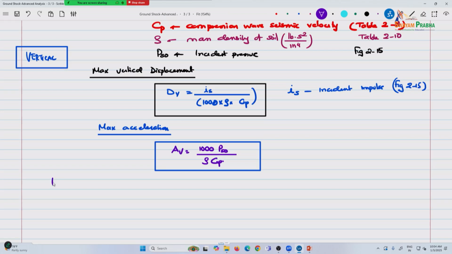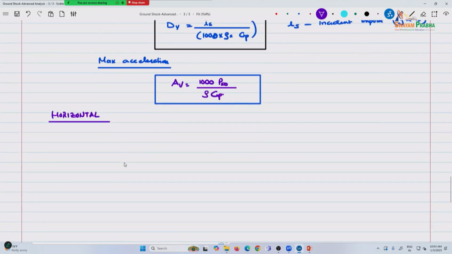Then for horizontal values, the same thing, it's taken as tan inverse of it. So, you are considering vertical and the horizontal.